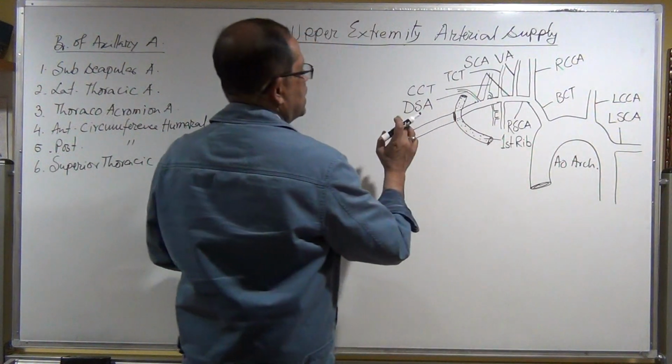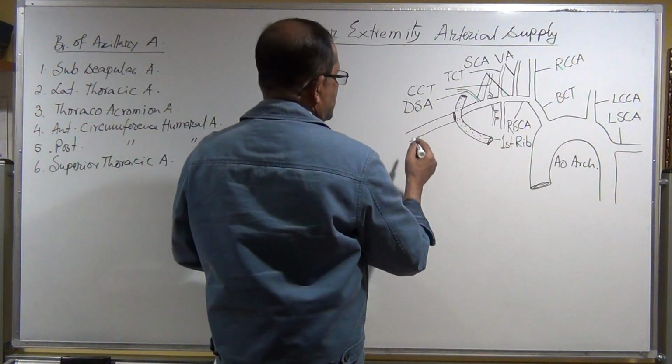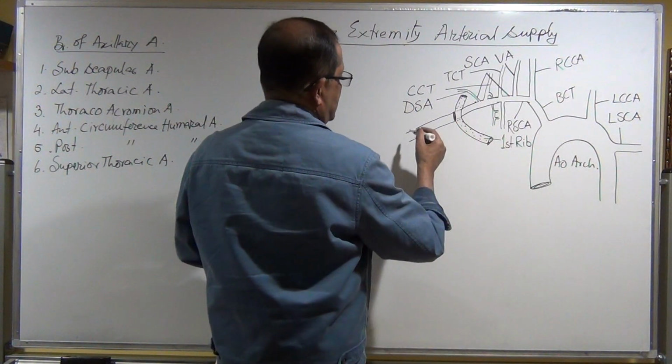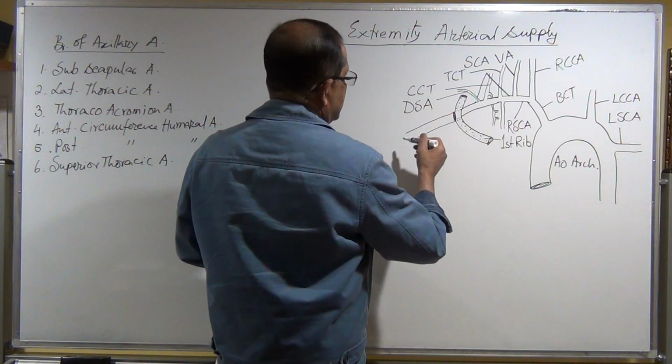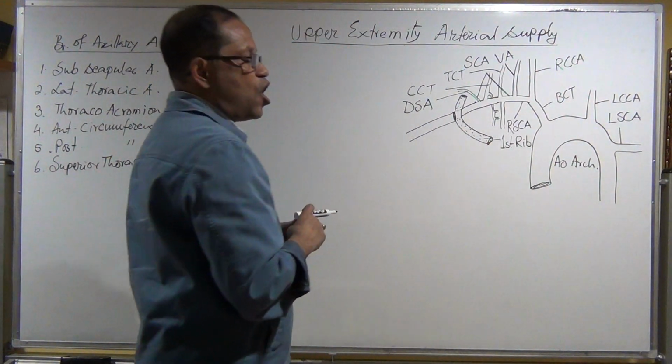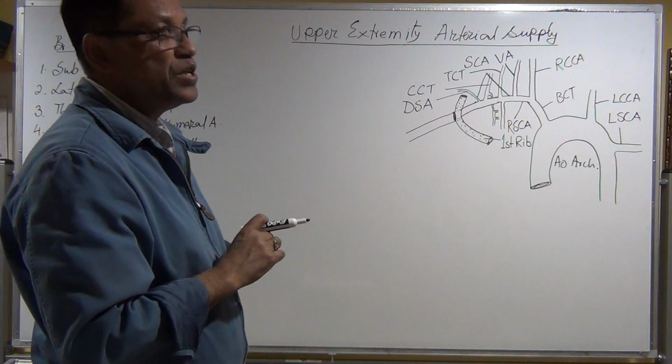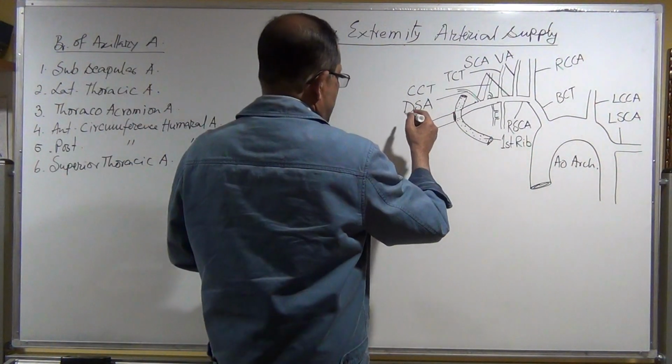I will show you the branches, but let me give you the landmark. The axillary artery ends at the outer border of the teres major muscle.